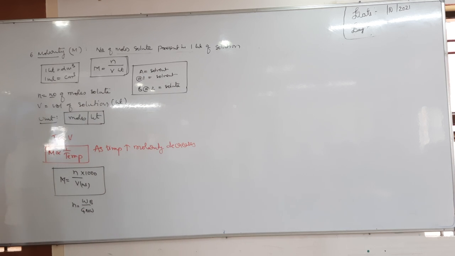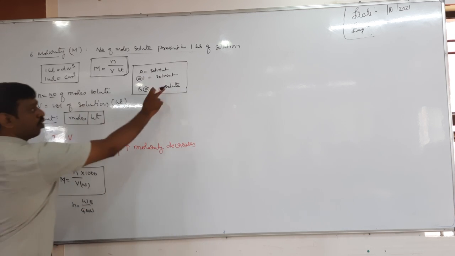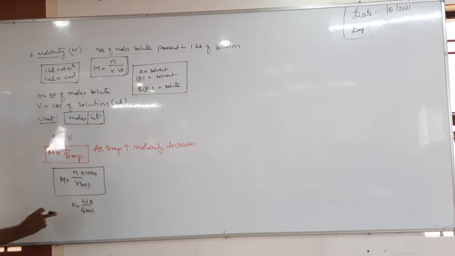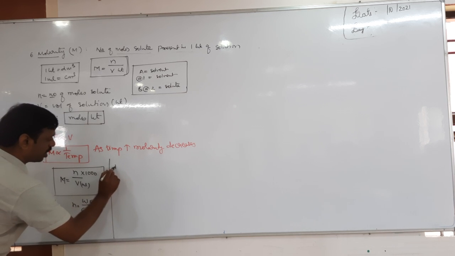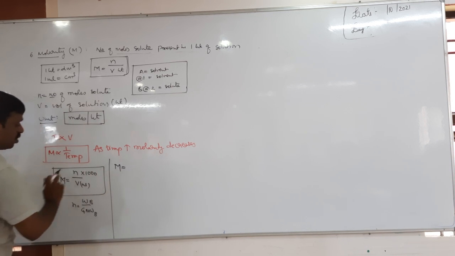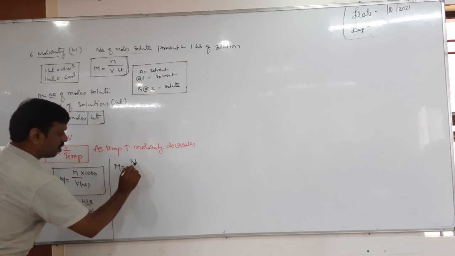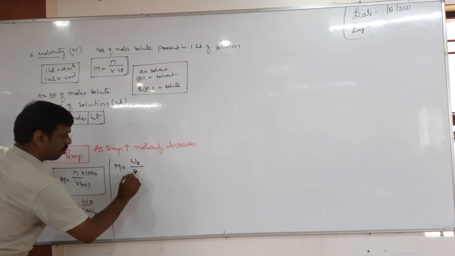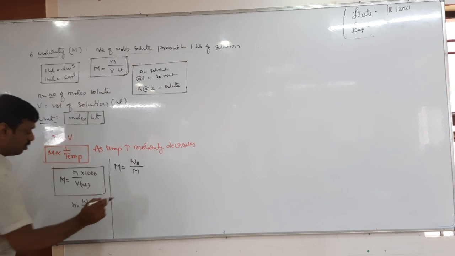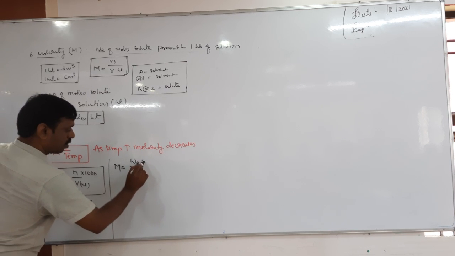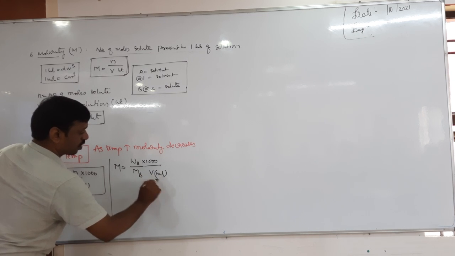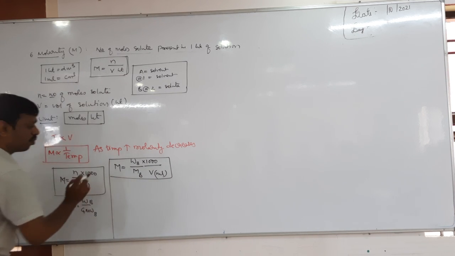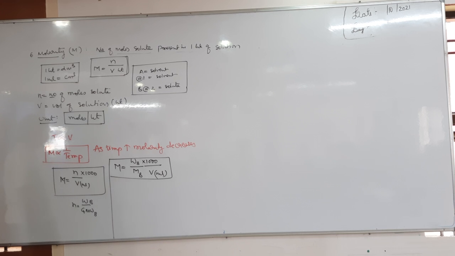So number of moles is WB by gram molecular weight of B, denoted with capital M_B. Molarity equals WB by M_B into 1000 divided by V in milliliter. This formula is very commonly used to calculate molarity.